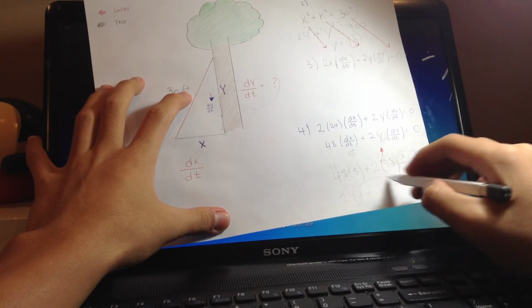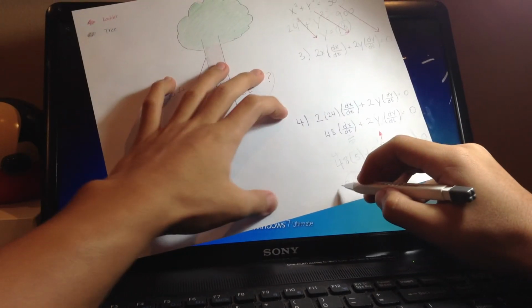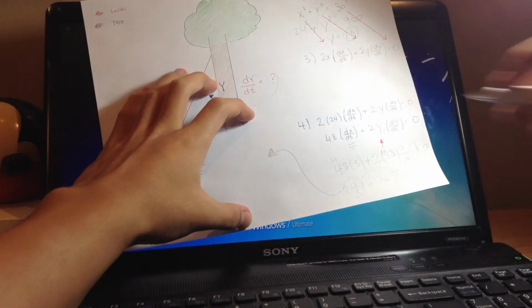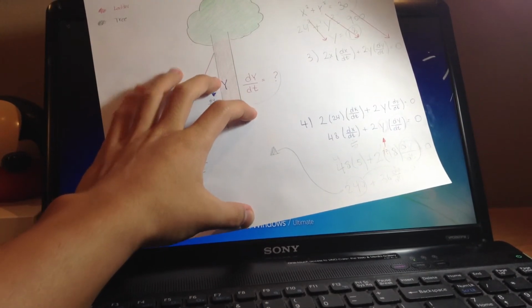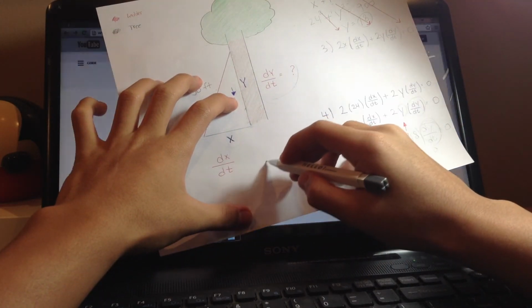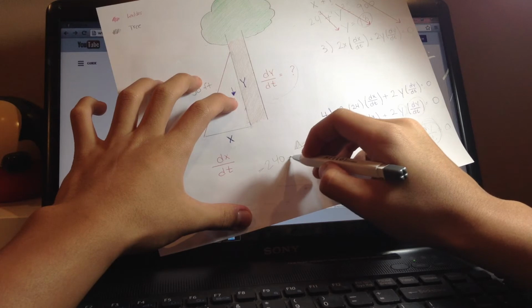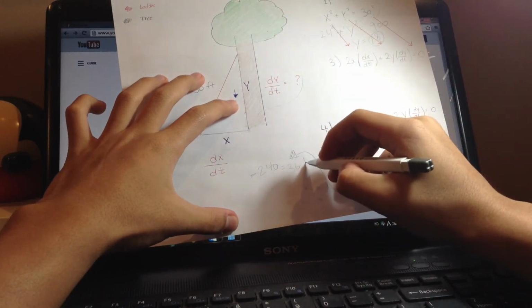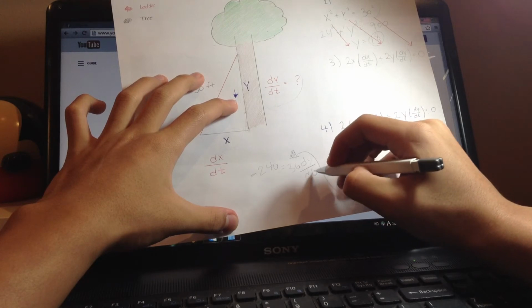Pass this to the other side, which is negative 240 equals 36 dy/dt.